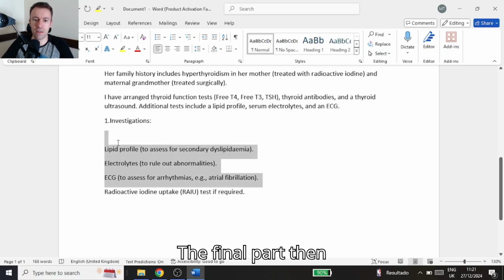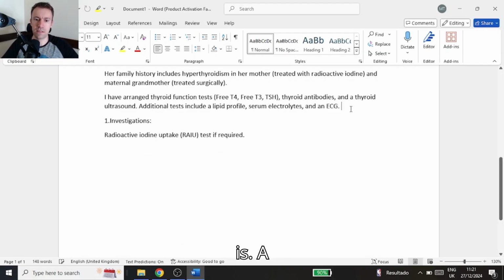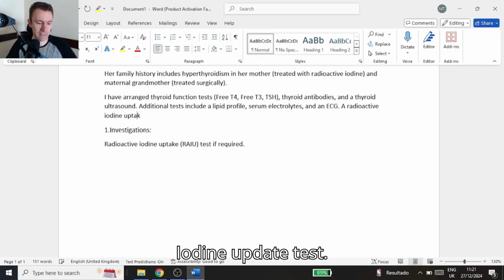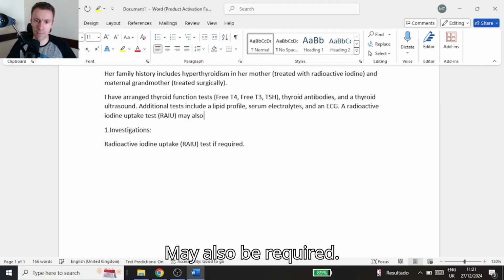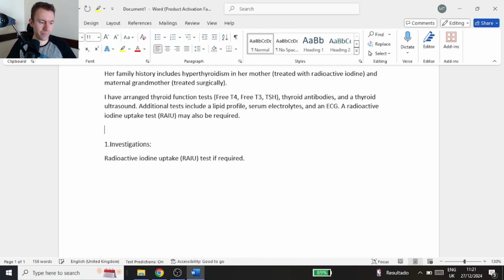The final part then is a radioactive iodine uptake test, RAIU, may also be required.